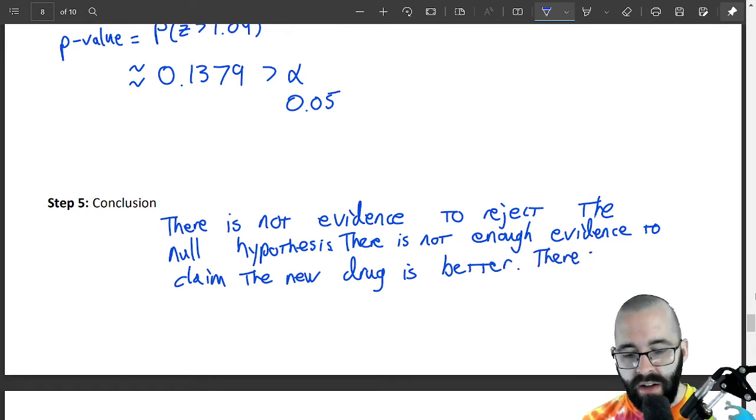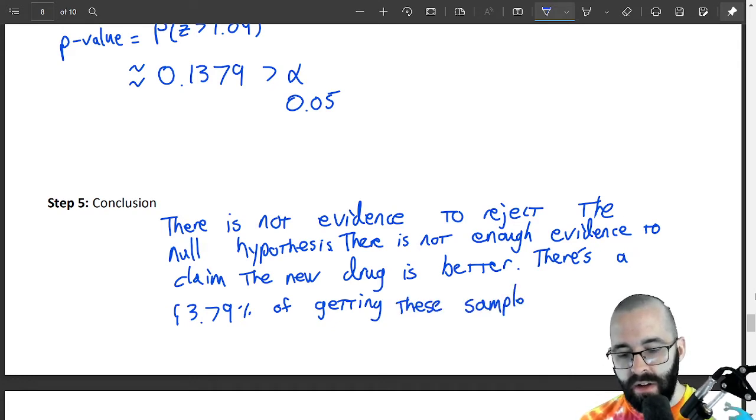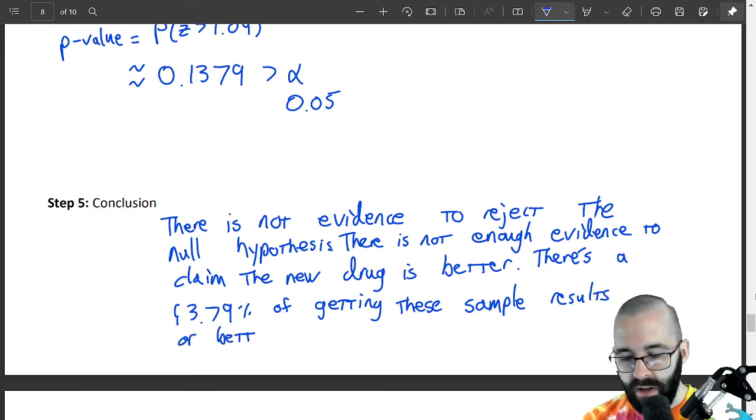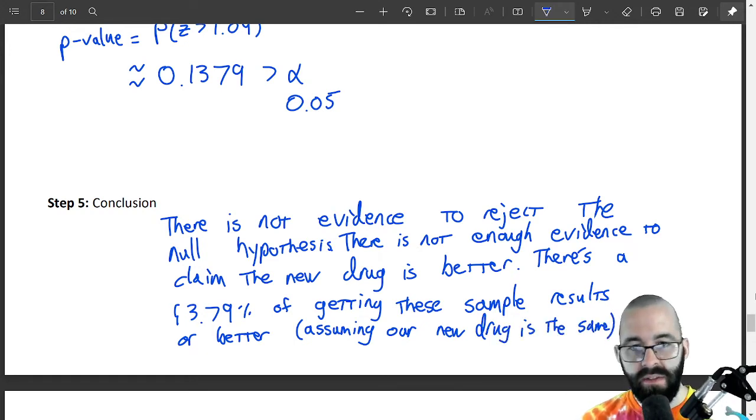Another way to interpret this is there's a 13.79% chance of getting these sample results, assuming our new drug has the same effectiveness.